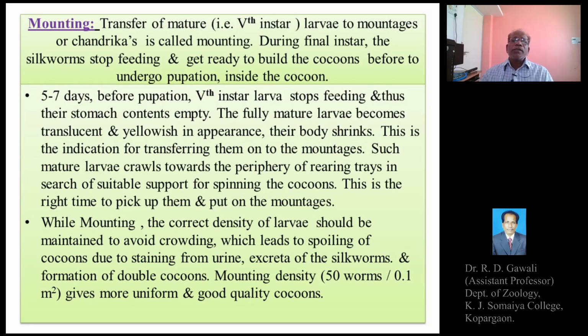After its complete larval development, the larva spins the cocoon around its body and ultimately gets inside. The larva will remain inside, and after that it undergoes a dormant phase of the life cycle, that is pupation.